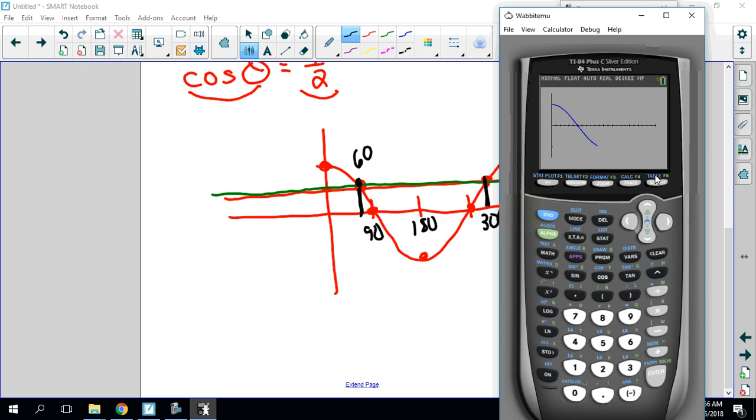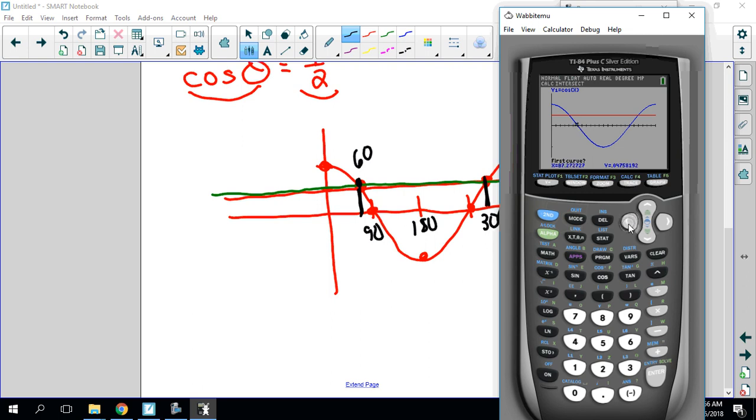I like seeing the whole x-axis, so I usually go too far to the left, too far to the right, and then I actually set my window to what it's supposed to be. Now, if you want to find that value, you see how I'm going by 15s. 15, 30, 45, I think it's 60, etc. We all know that's 270, and 2 more ticks is 300. But better yet, second calculate, point of intersection, number 5, and you just back that truck right on up.